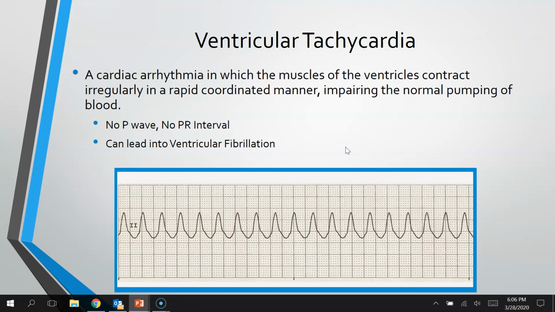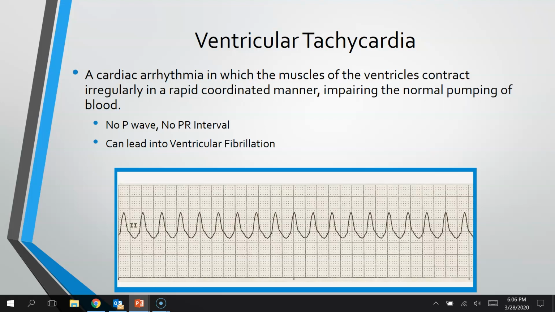Ventricular tachycardia, or VTach, is an arrhythmia where the muscles of the ventricles contract in a really rapid, coordinated manner. So we're going to see them in a nice, evenly paced picture on that monitor.